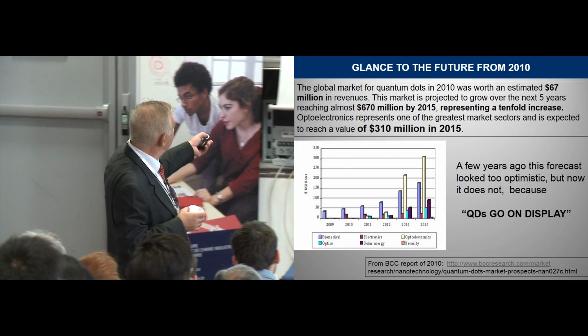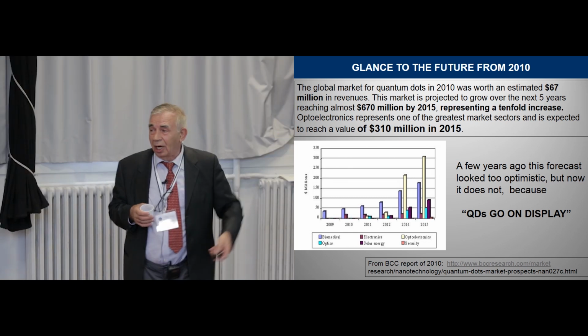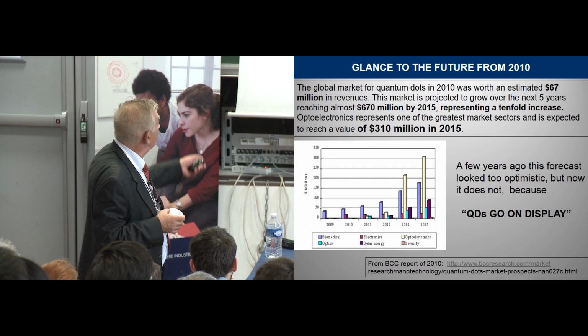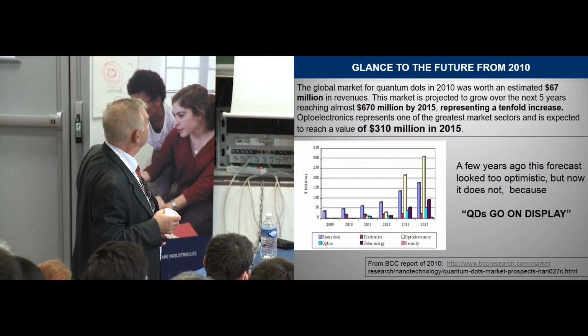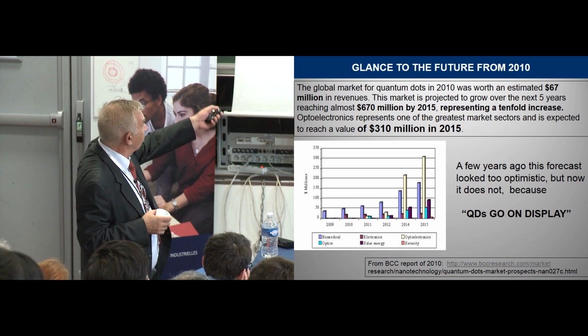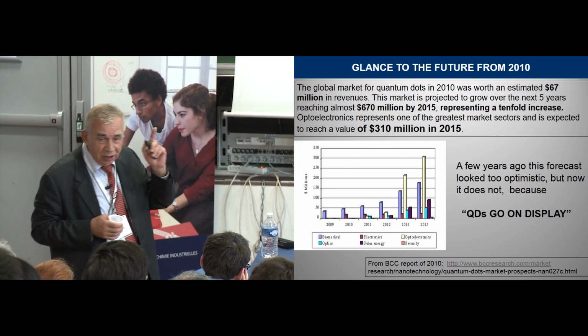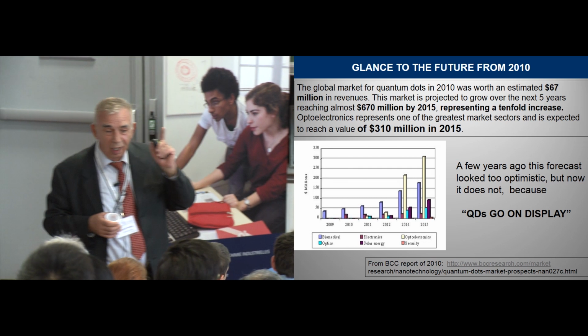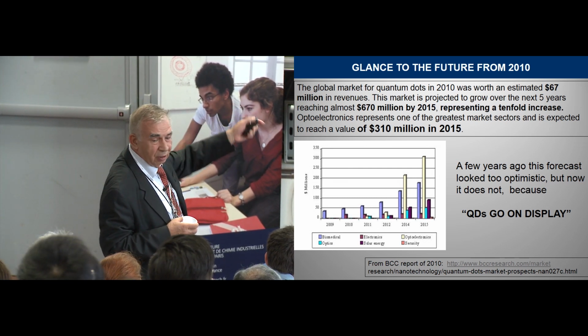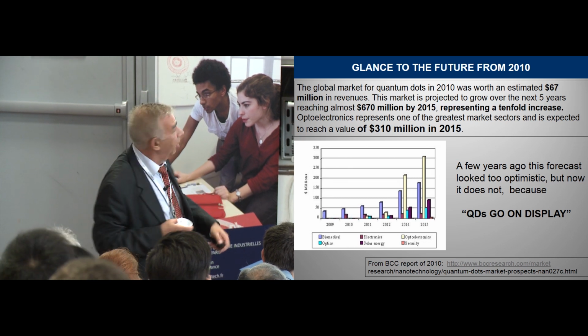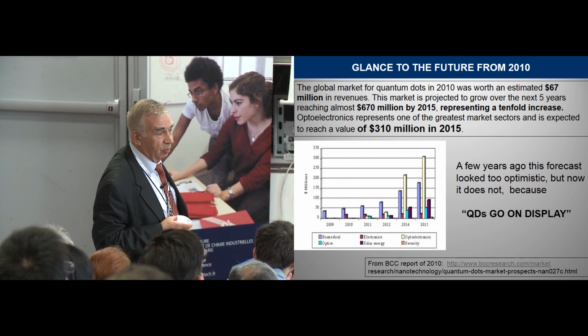But after that, we see the appearance of some other columns, and you see the white one appears, which is optoelectronics, and in 2014, again, it's a prediction from 2010, it should jump, let me say, 5-7 times this year. And next year, one more jump.